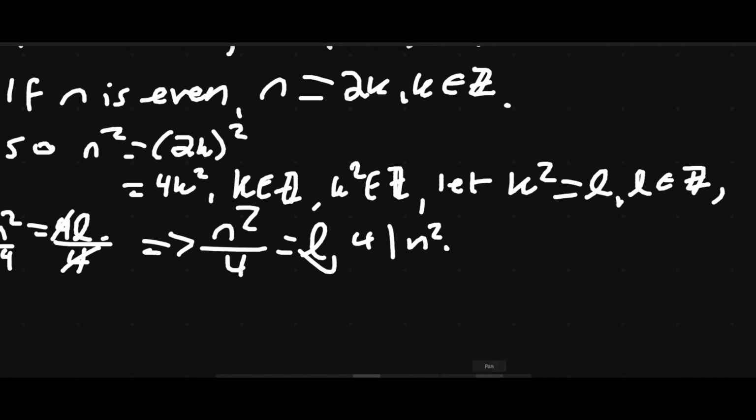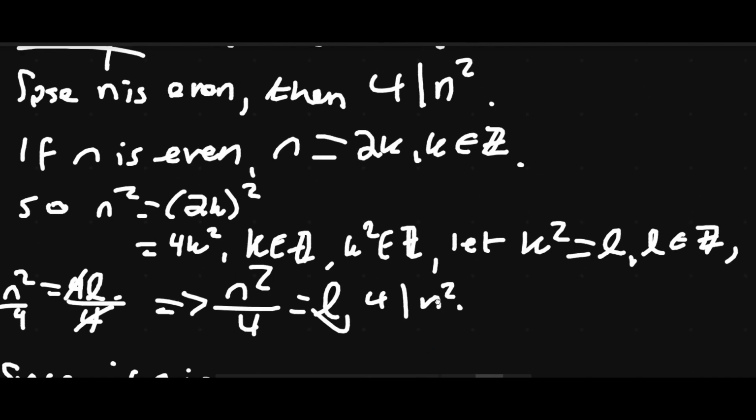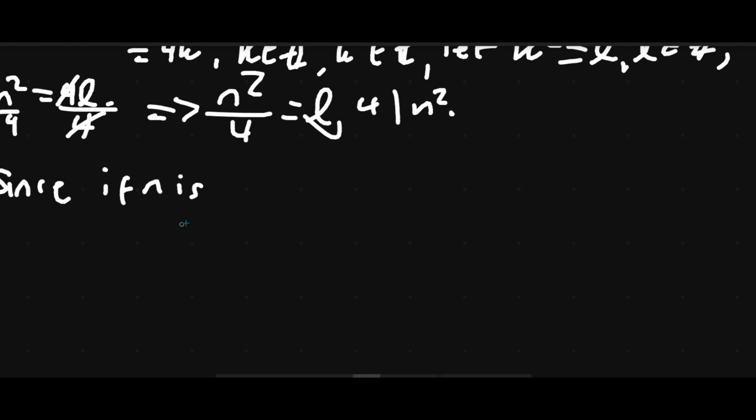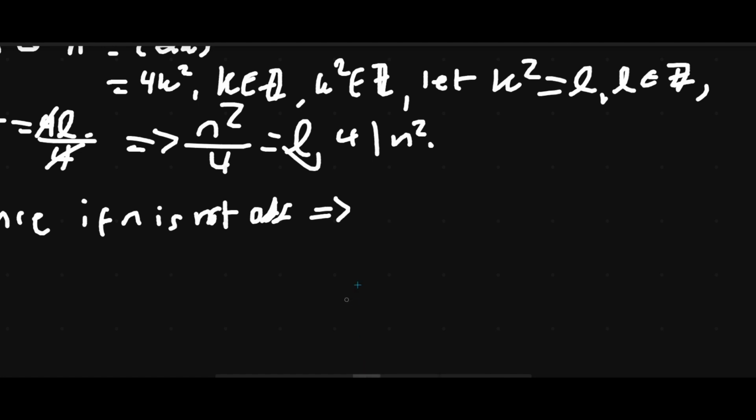what we wanted. So we can just wrap this up by saying, and we're going to make this really obvious, since n is not odd, so if n is not odd, this implies, that is really bad handwriting, this implies that 4 divides n squared, as we've shown.